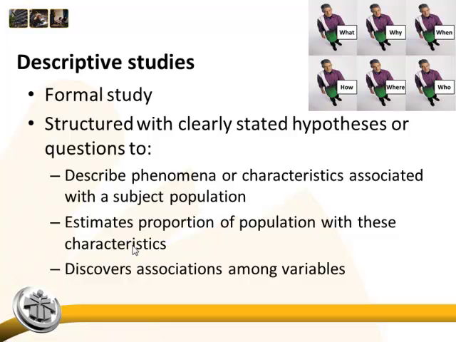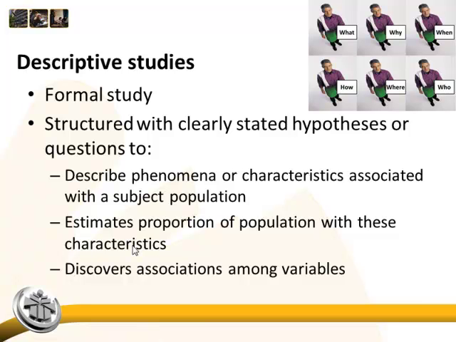Do you see? So we are starting to describe the characteristics associated with the subject's population. Whereas in the exploratory study, where we just wanted to know what are the questions we should ask, there was nothing associated to the population yet.